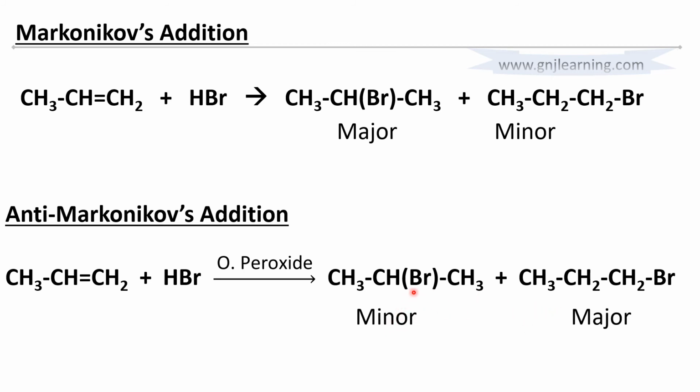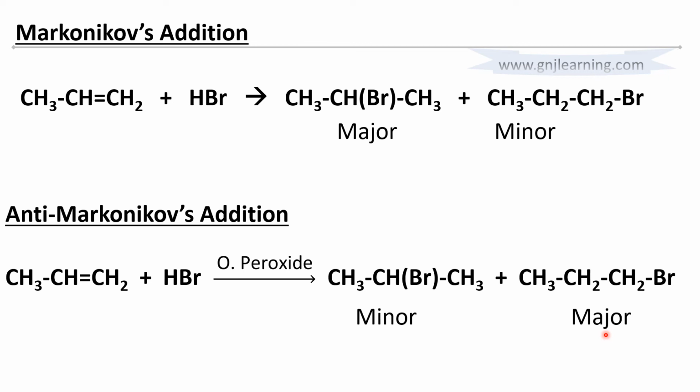Minor is now 2-bromopropane and 1-bromopropane has become the major product. Clear? So this is all about the addition reaction of unsymmetrical alkenes for monohaloalkanes.